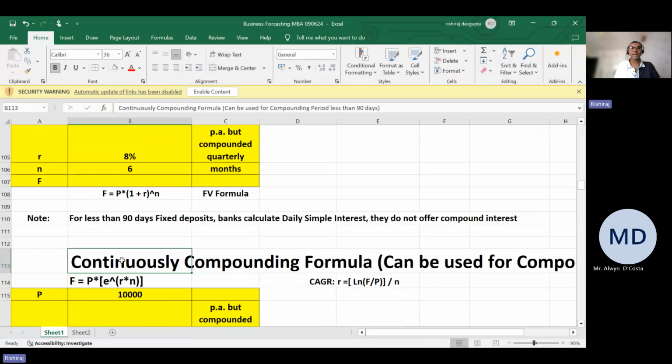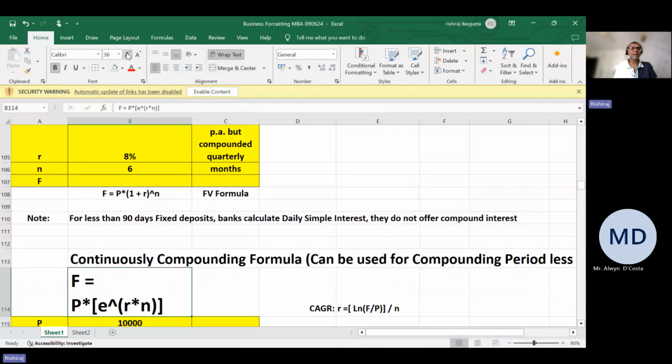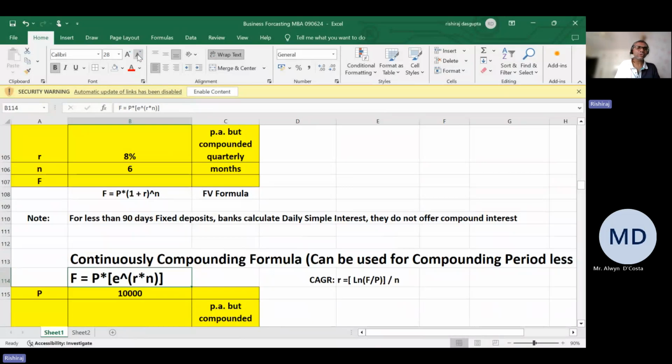The formula is F equal to P into e to the power Rn.